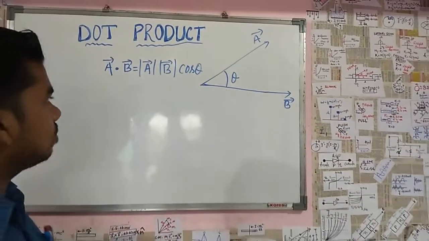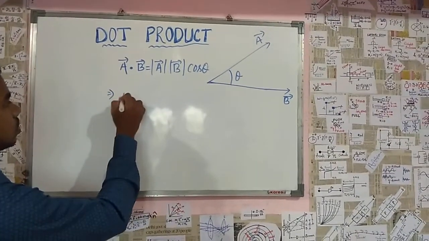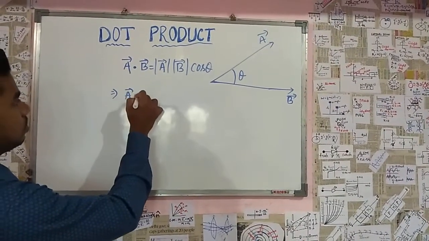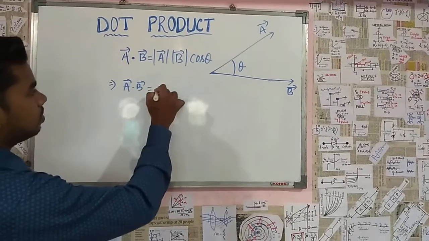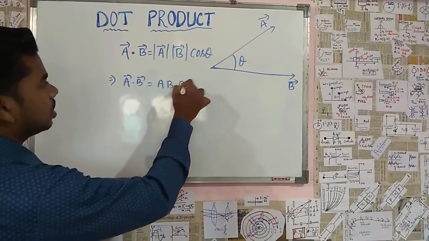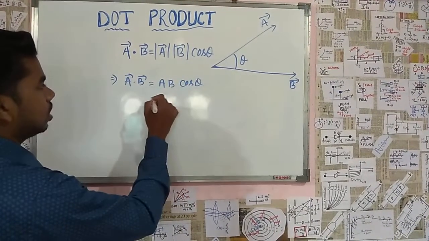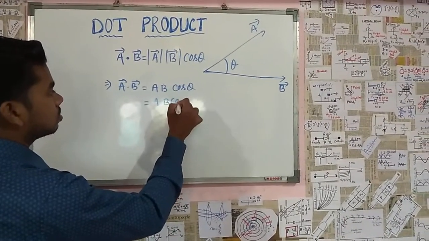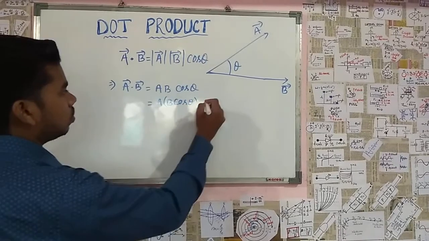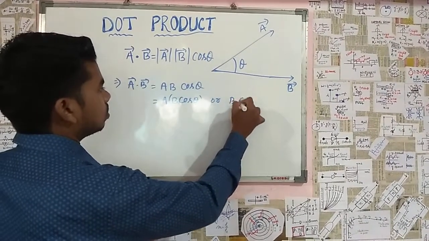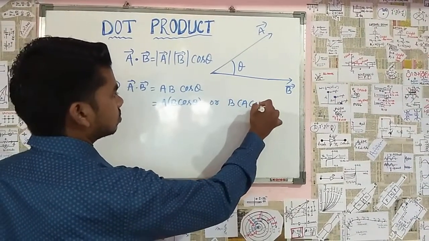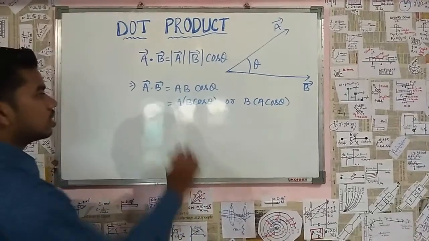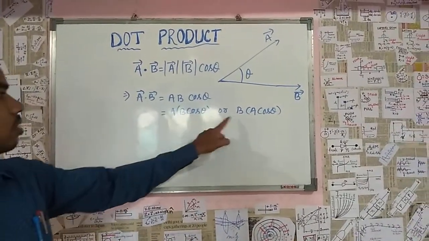Magnitude of a is a, magnitude of b is b, so it is ab cos theta. We can write a into b cos theta, or b into a cos theta.